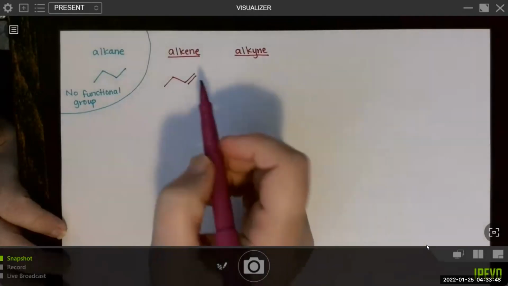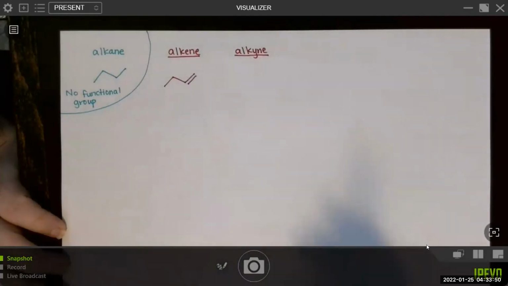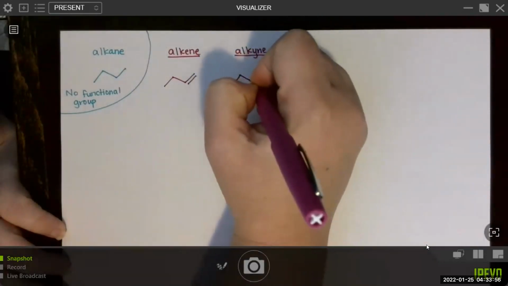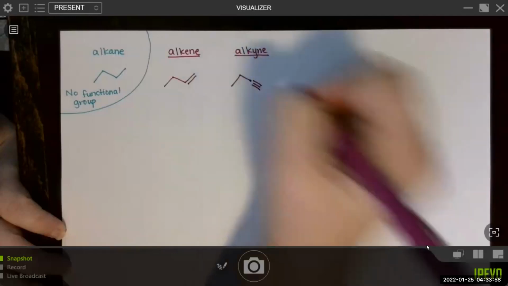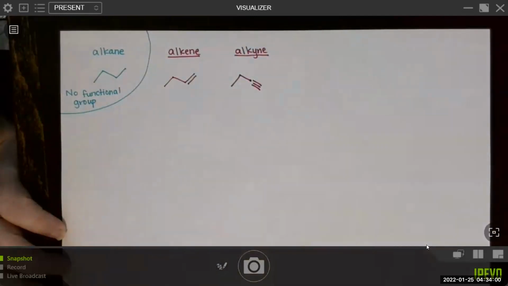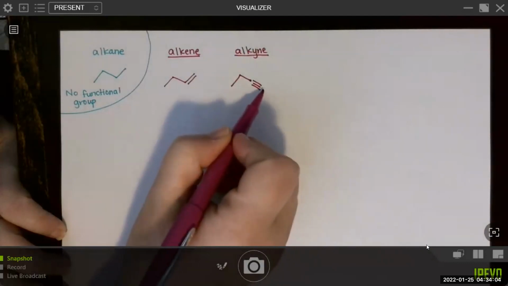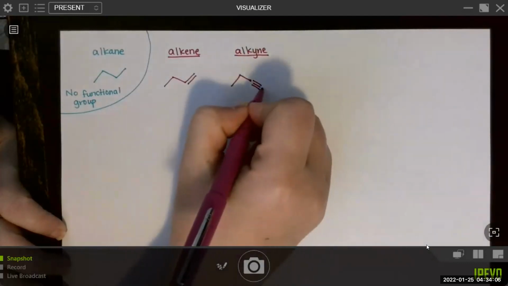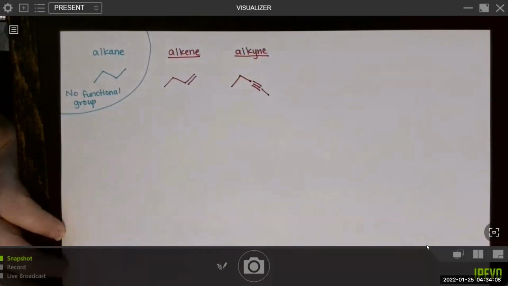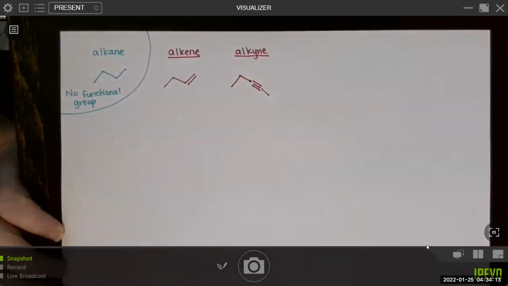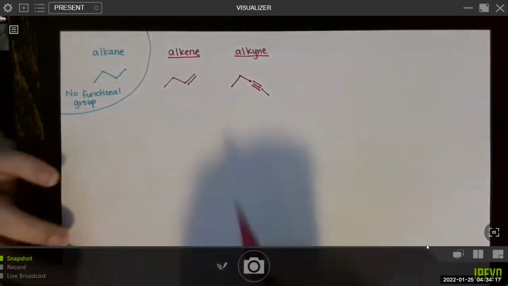So anytime you have a carbon-carbon double bond, that is called an alkene. And a carbon-carbon triple bond is called an alkyne. And it doesn't matter if there's a hydrogen at the end attached to this carbon, or if it continues right into another carbon. As long as you have a carbon-carbon triple bond, you have an alkyne. So these are actual functional groups.